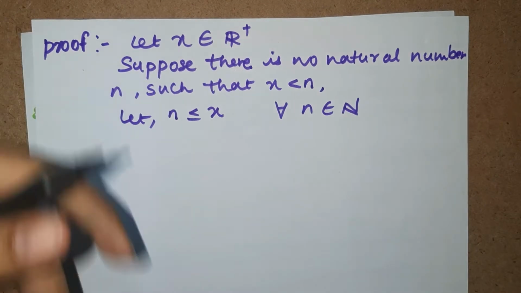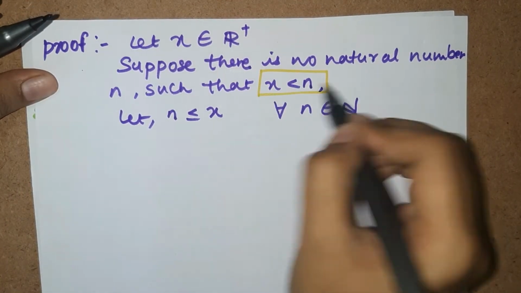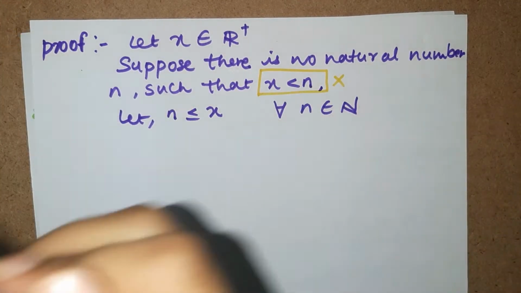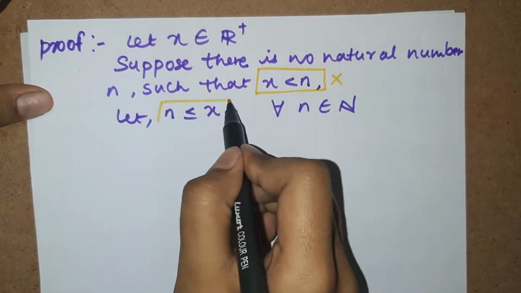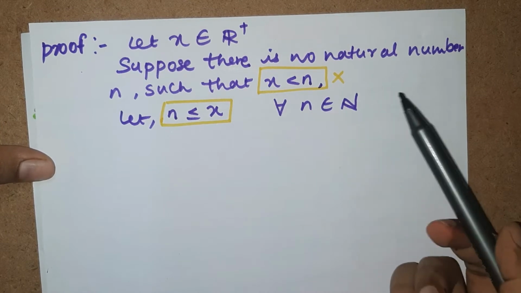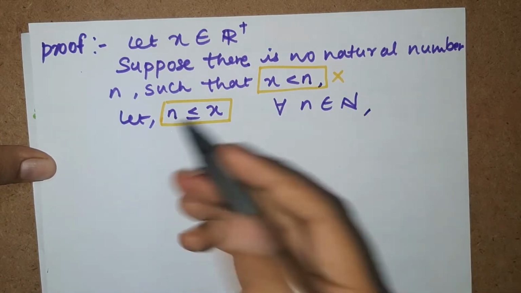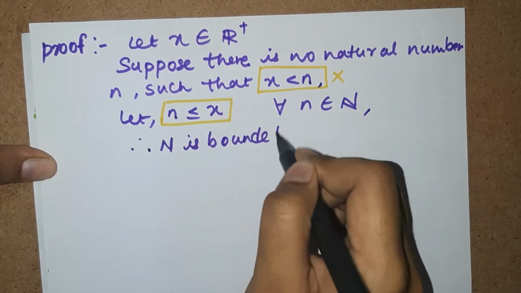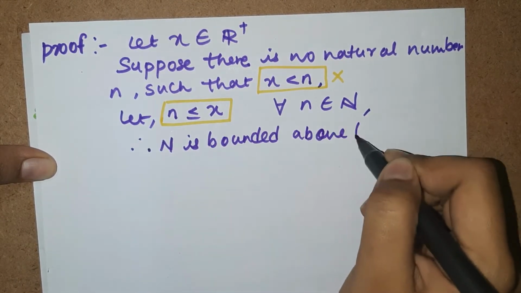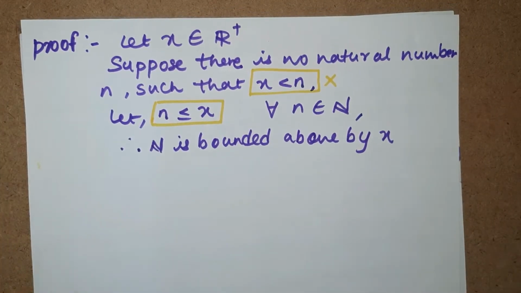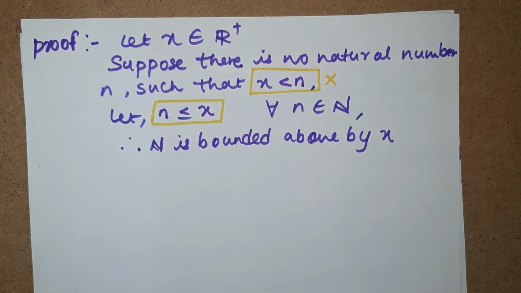What we do now is reverse the condition and write: let n be less than or equal to x, where n belongs to the natural numbers. Therefore, n is bounded above by x. Why is n bounded above by x, you would be thinking. Have you clearly seen what I've written?